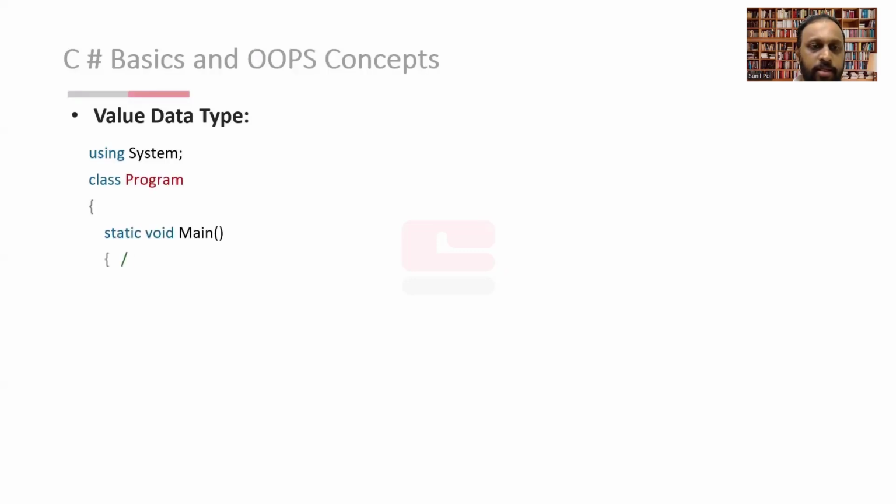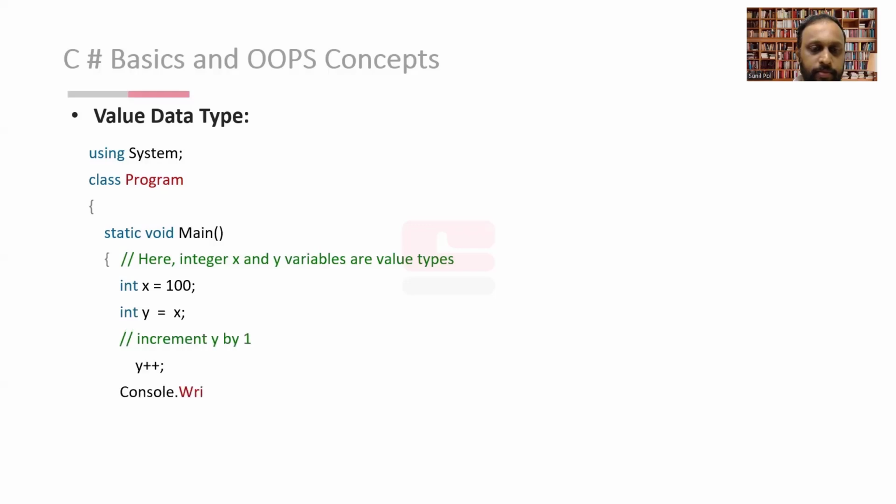So let's understand this program. In our program, there is a static void Main method. This is the entry point of the C# application.